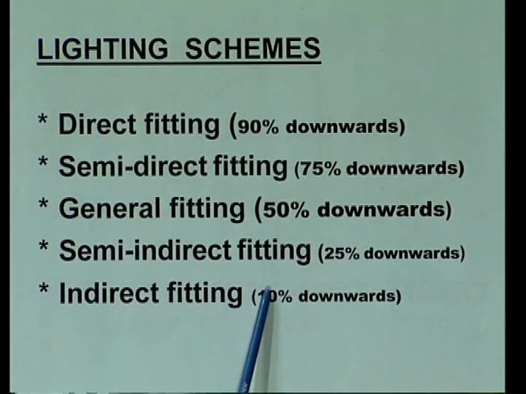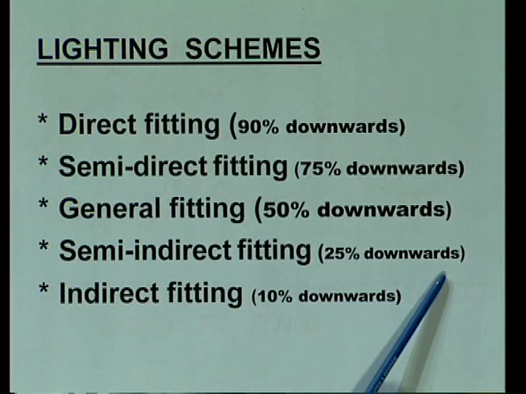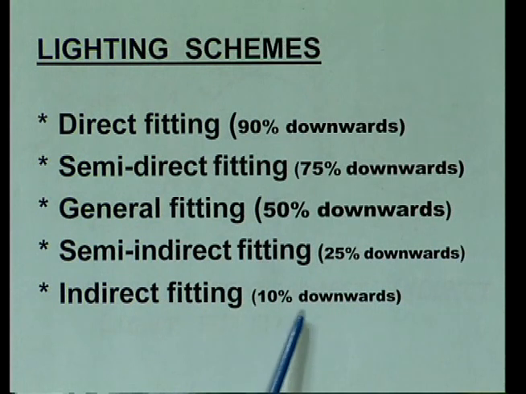In semi indirect fitting only 25% is useful on the working space, and in indirect fitting only 10% is useful. For semi indirect and indirect fittings, high intensity of illumination is required, because only a small percentage of light will fall on the object. Therefore, high luminous intensity fittings are recommended for these types of indirect and semi indirect fittings.